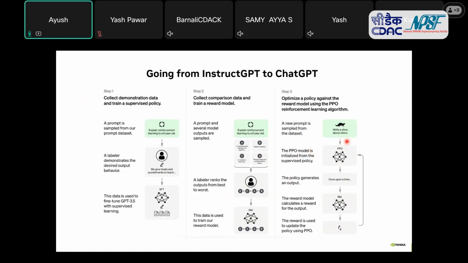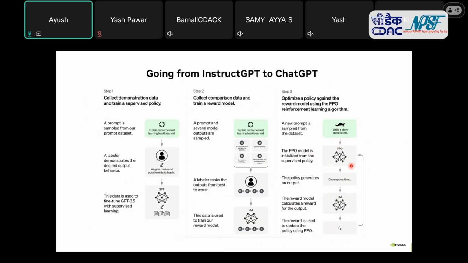So basically, the gradients with which the model parameters will be learned depend on the reward given by the reward model. You try to optimize a policy against this reward model using an algorithm called PPO.